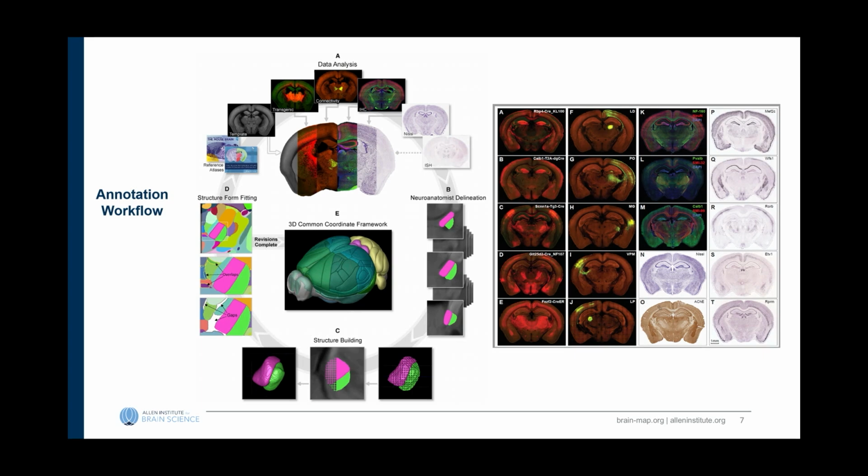Okay, so to do this annotation project, big infrastructure came into place. Our anatomists really wanted to have registered data in order to do the annotation. So as they were working on each data set, they were looking at a gene expression atlas, transgenic lines, and projection data, and this was a while back, before Neuroglancer and a lot of these online web tools.